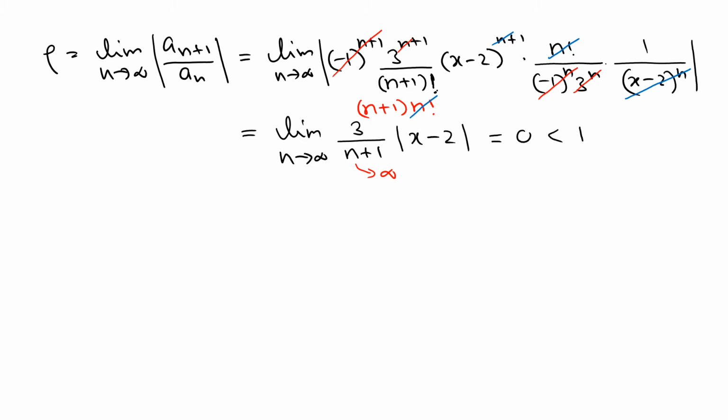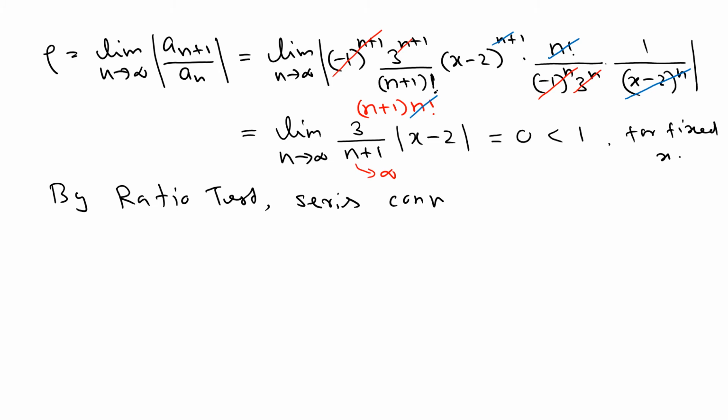That means by the ratio test, it's going to converge for any x. So by the ratio test, the series converges for any x.